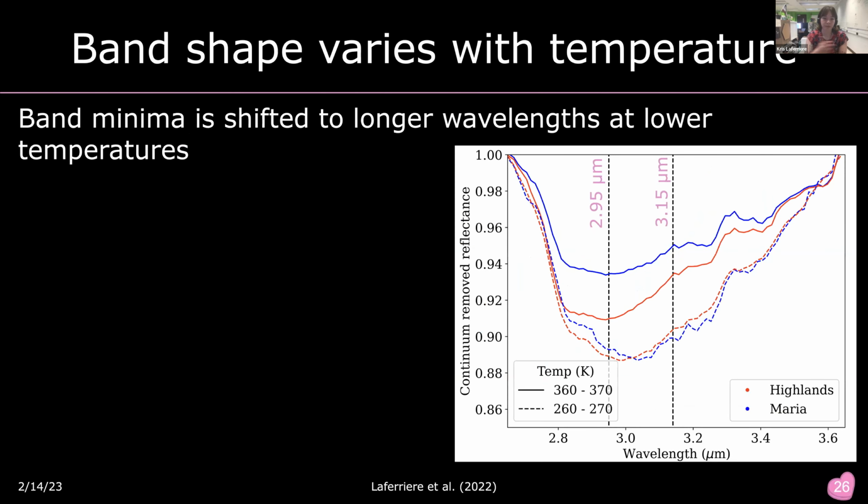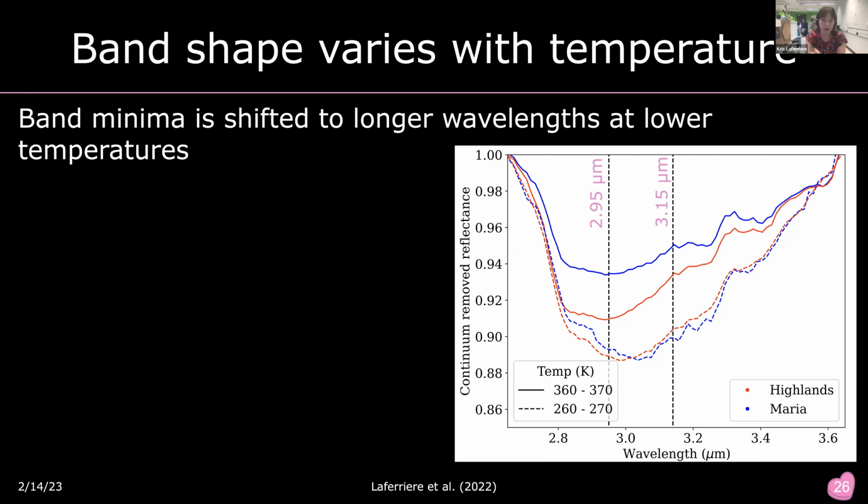Moving on, we found that band shape seems to vary with temperature. Specifically, band minima is shifted to longer wavelengths at lower temperatures. This figure is showing 2 of those temperature bins, 360 to 370 Kelvin in the solid lines, and the dashed lines are 100 Kelvin below that at 260 to 270.